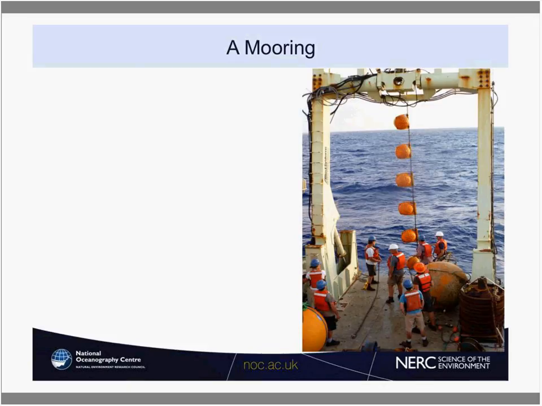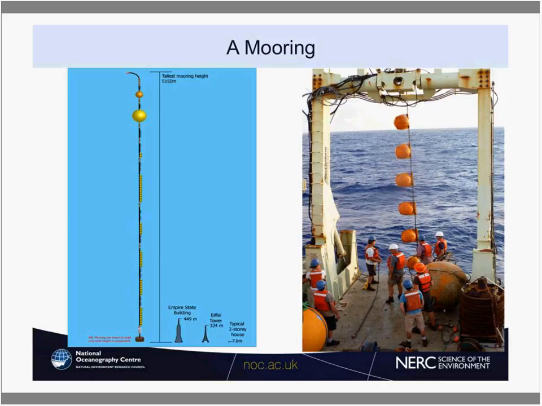I have an acoustic release, which releases our instrument up to us to go back and collect it. To give a sense of the size of this, our tallest mooring on the western flank of the Mid-Atlantic Ridge is 1,150 meters high, and in comparison with the Empire State Building or the Eiffel Tower, that's a long way down.